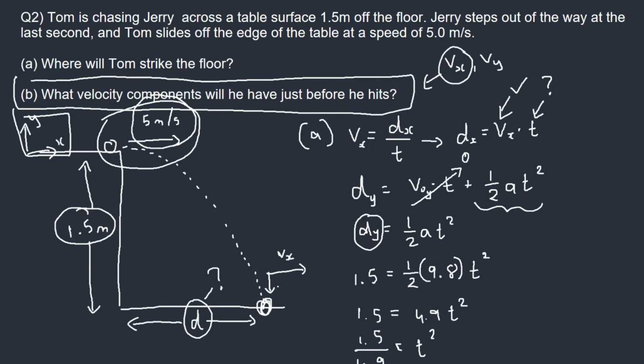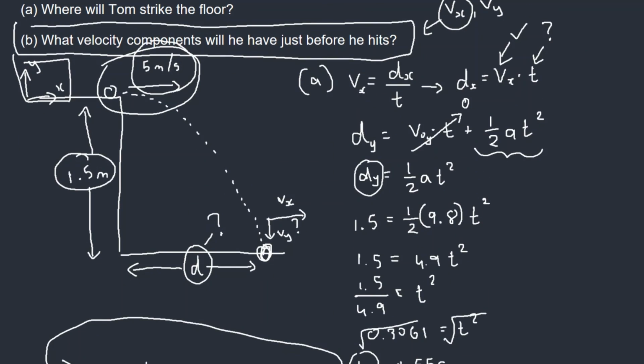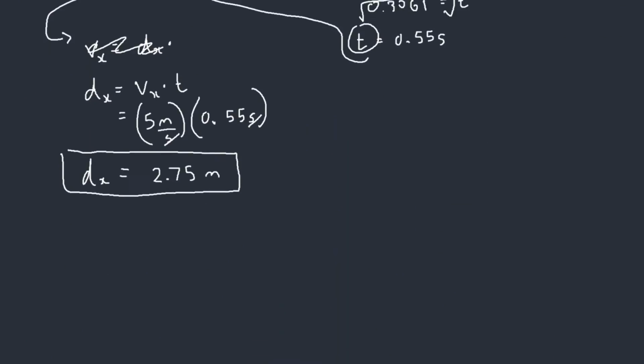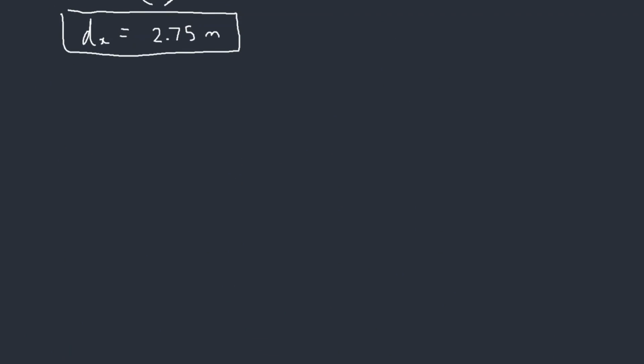Vy though is something we do not know. However, we can use the equations in the vertical plane to figure out what Vy is. So Vy final is equal to V naught initial plus acceleration times time.